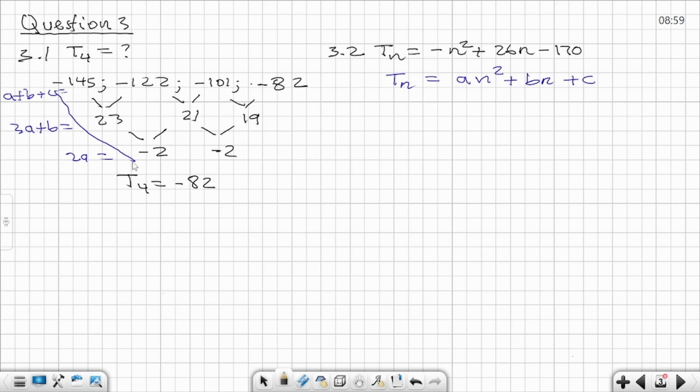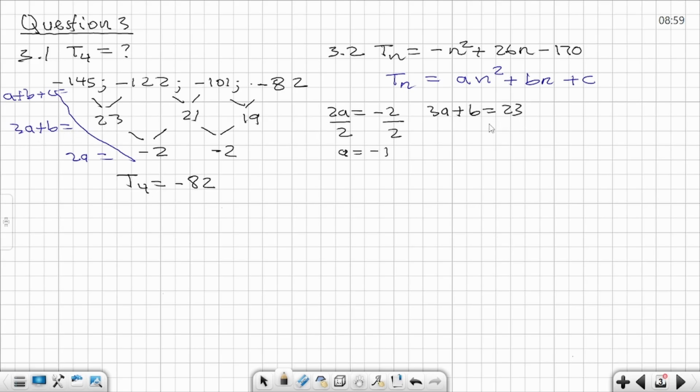You start with this one: 2a is equal to negative 2, and you divide by 2 on both sides to solve for a. a is equal to negative 1. Then 3a plus b is equal to 23.